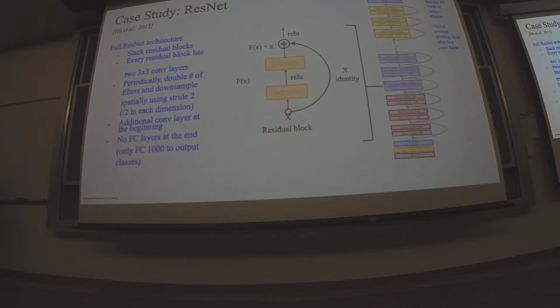And then, of course, we're doing classification, so at some point we have to turn this into a vector of length 1000, because those are going to be our scores that go into softmax and then into the cross-entropy loss. The way that this works is that there's a pooling layer at the end of all of this, but it's a global average pooling, which means you take your feature map, and in this example you'd have 512, so it's going to be k by k by 512.